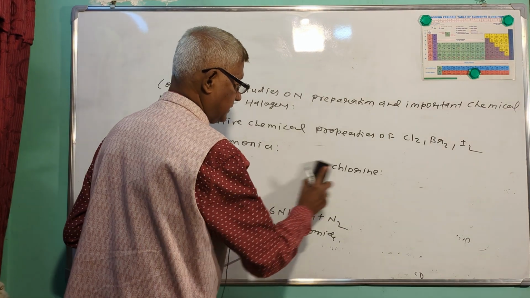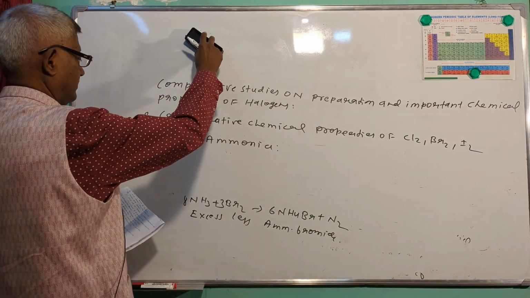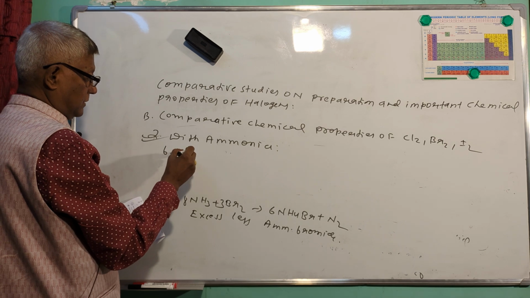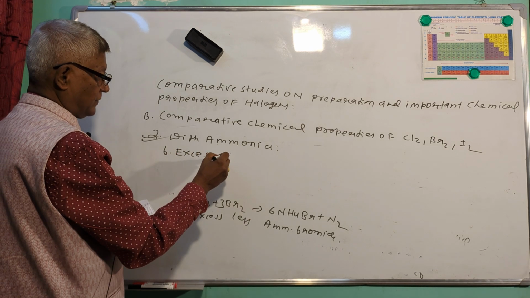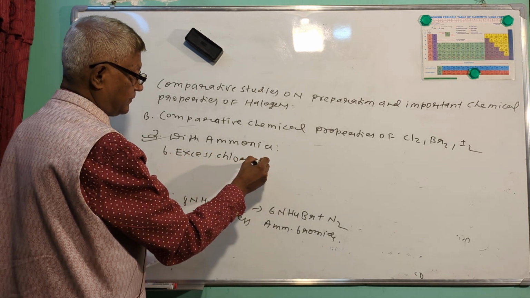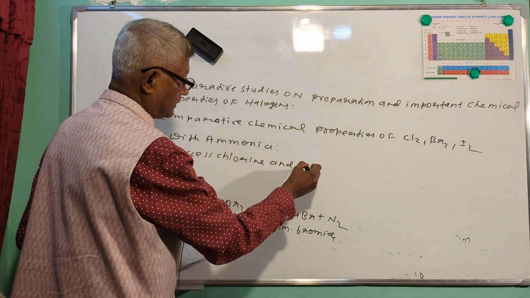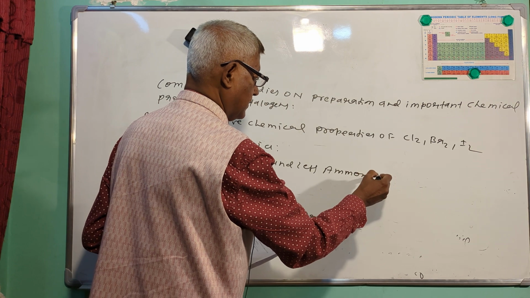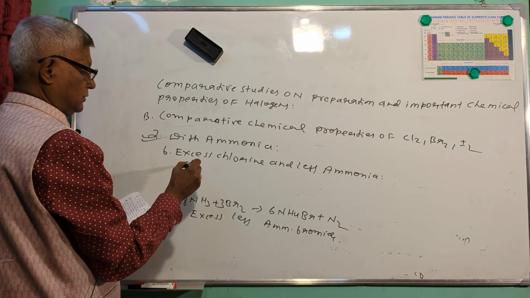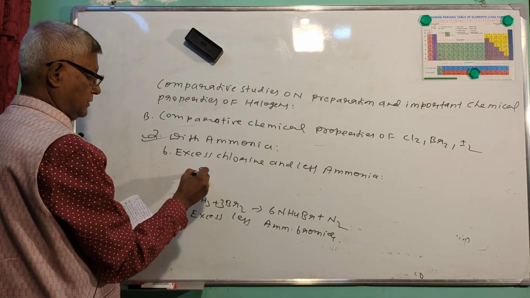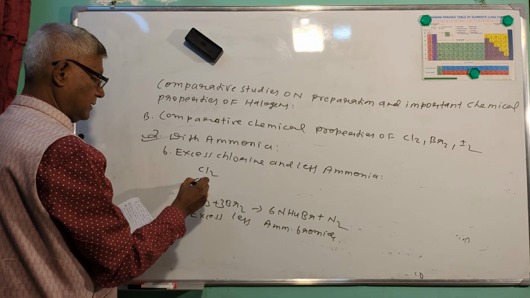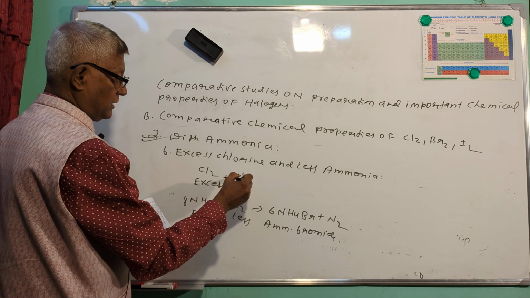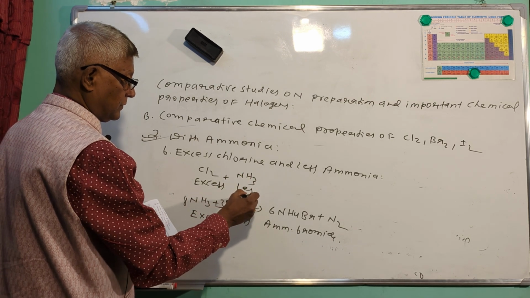Now the B condition is like this. B, what do you say? Excess chlorine and less ammonia. So what do we have? Chlorine is excess and ammonia is less.